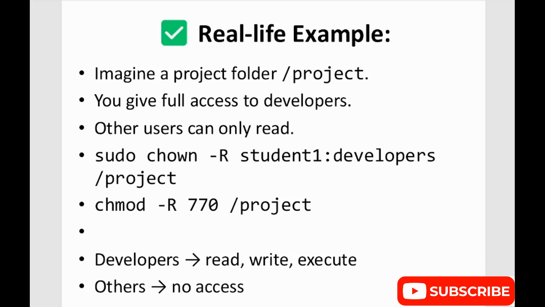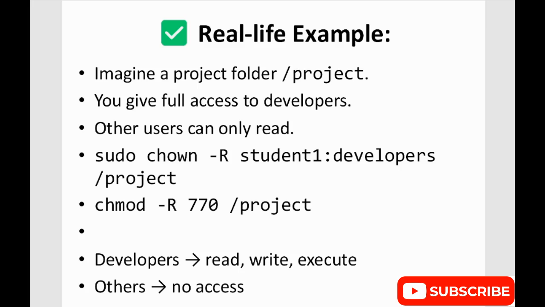So chmod -R 770 /project, where this is the folder name. In this way also you can use it, because as I discussed above, 770 is used for particular permissions like read, write, execute, and 0 means no access. You should first know what the 7 means and what the 0 means.